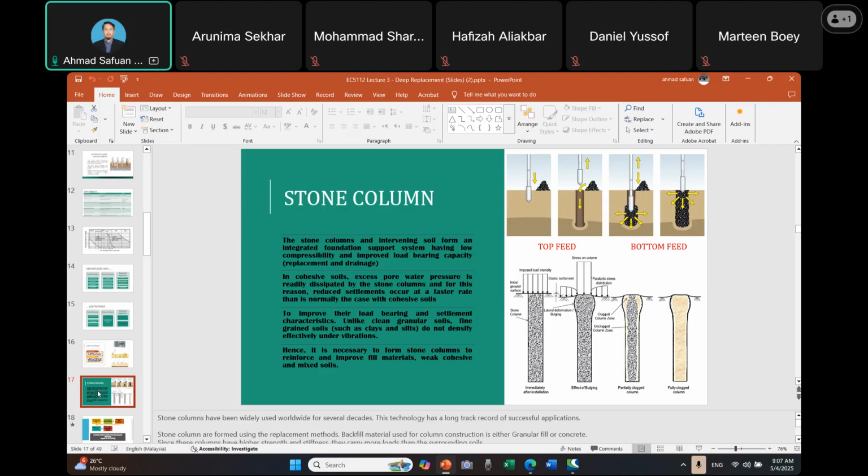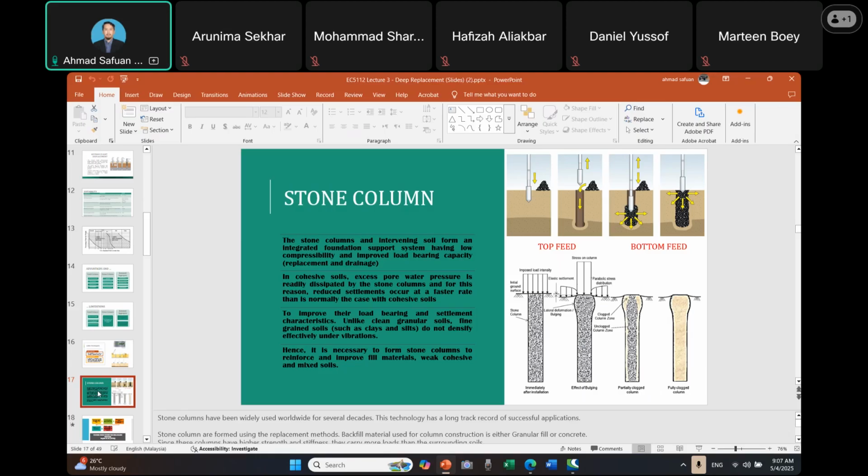So it means that after we have replaced the cohesive soil with the granular material, it can help to accelerate the consolidation process by providing a drainage system, which allows the water to dissipate from the granular column system.